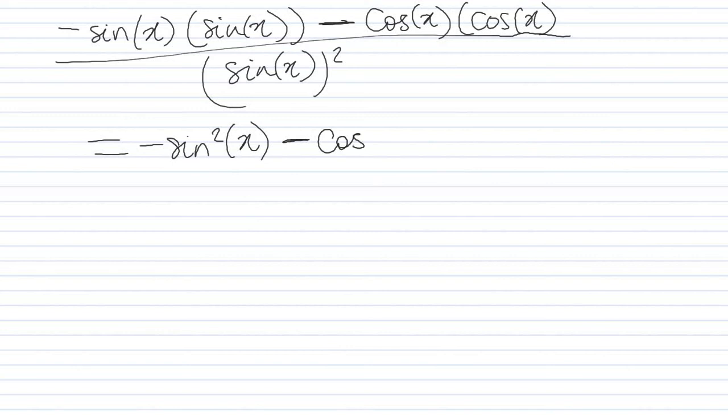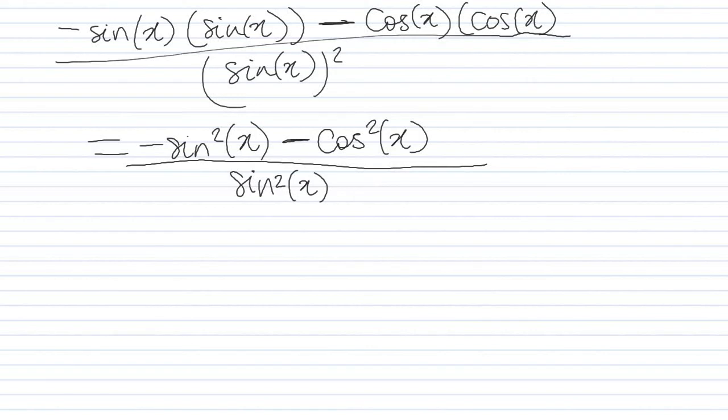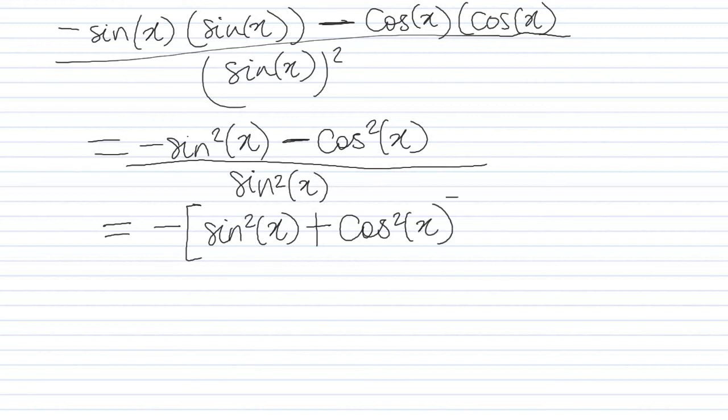Minus cosine squared of x, right? All of that information divided by sine x all squared, so sine squared of x. So therefore we have this. Now the thing we can do is simplify by bringing out a negative. So we can do negative, sine squared of x plus cosine squared of x, all of that information divided by sine squared of x.